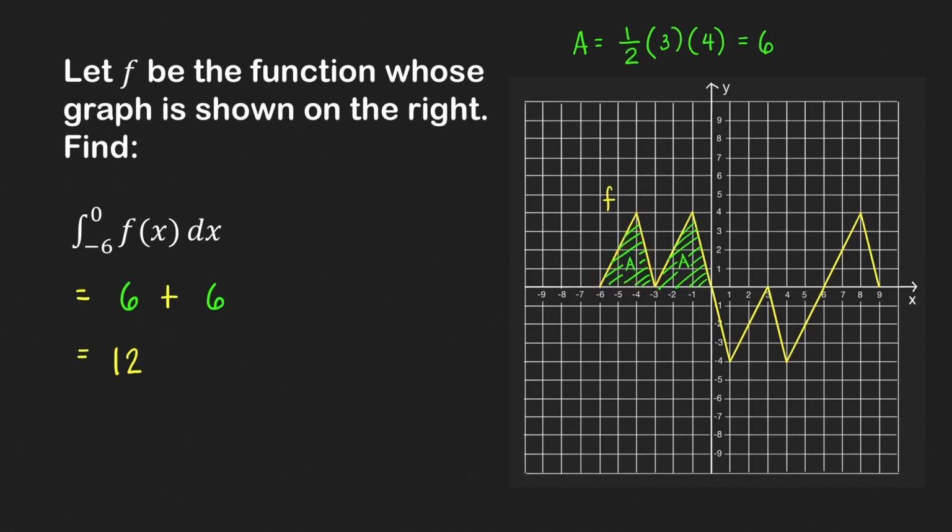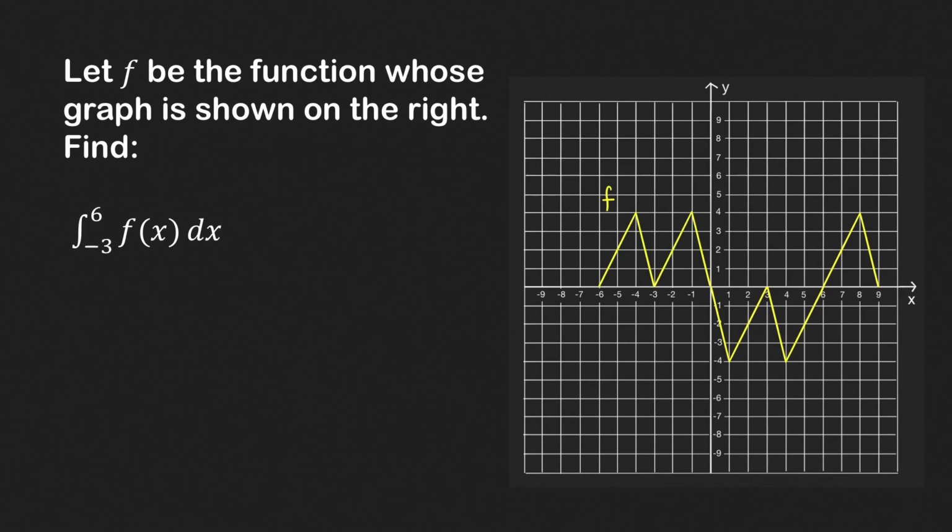The base is 3 units and the height is 4 units, so the area is 1/2 times 3 times 4, which is equal to 6. Since these two triangles are congruent, the value is the sum of the areas, 6 plus 6, which is equal to 12.